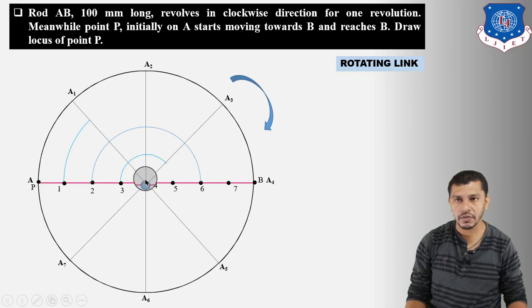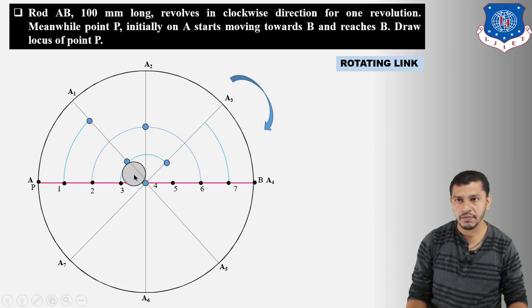Now take center at 4, radius equal to 4 to 7. Give an arc on A7 and mark these points of intersection of the arc. So this will be 1, 2, 3, this will be 4, this will be the 5th point, which is on the A5. So this will be our 6th, on A6. This will be our 7, which will be on the A7, and here we will get A8.